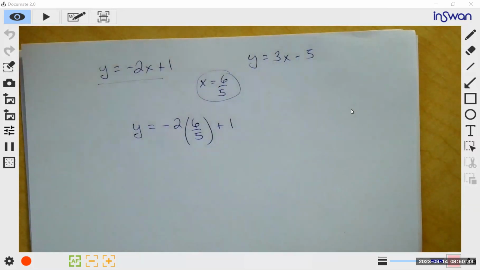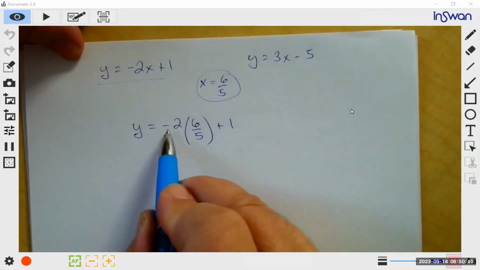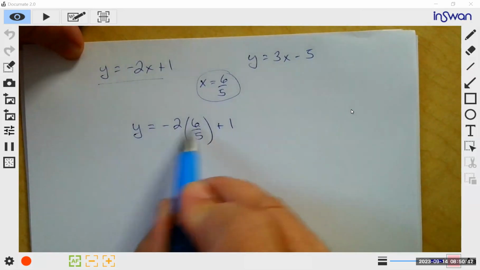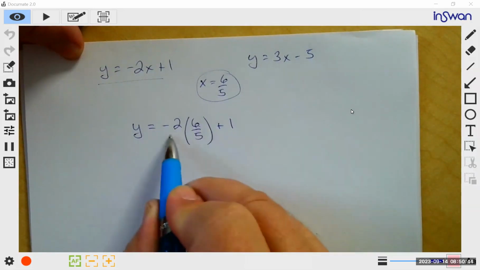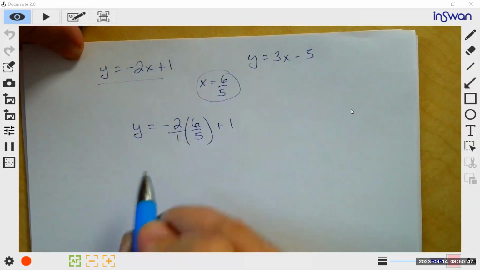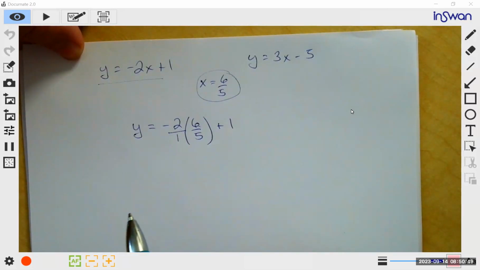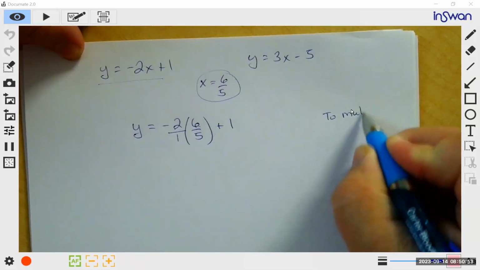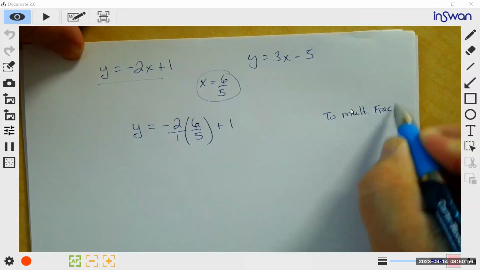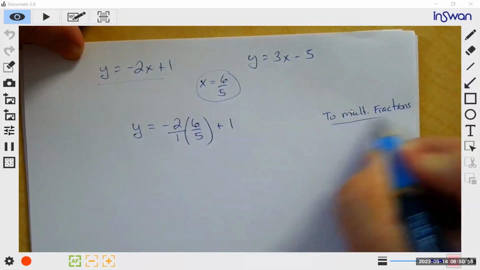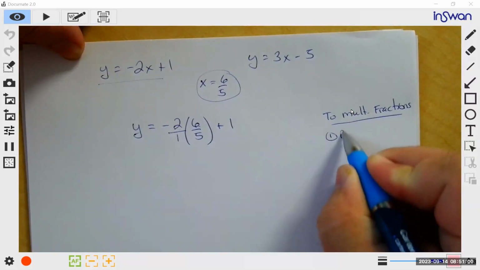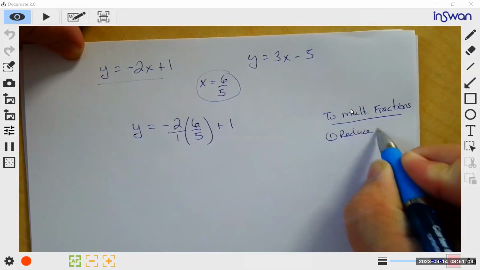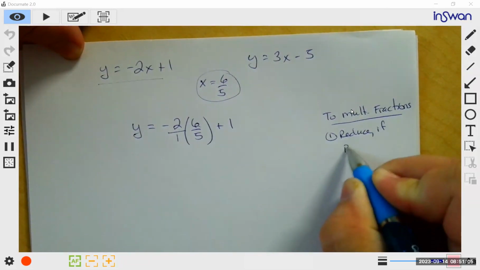If you don't like dealing with fractions, remember we found a way around it. Get rid of the fractions. Can we combine these two? Yeah, this is 2/1. What's the rule for multiplying fractions? Reduce if possible.